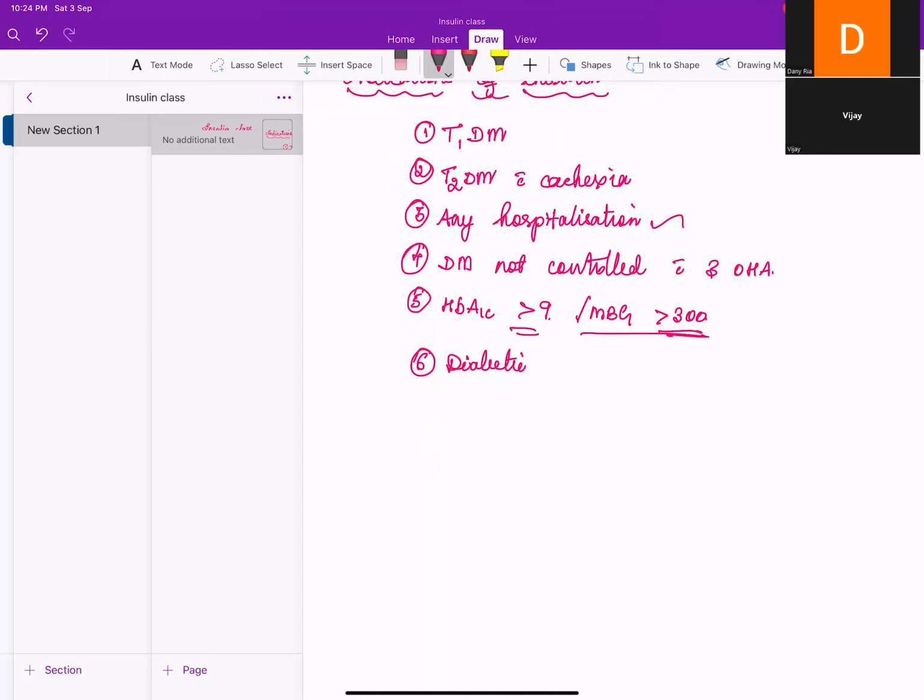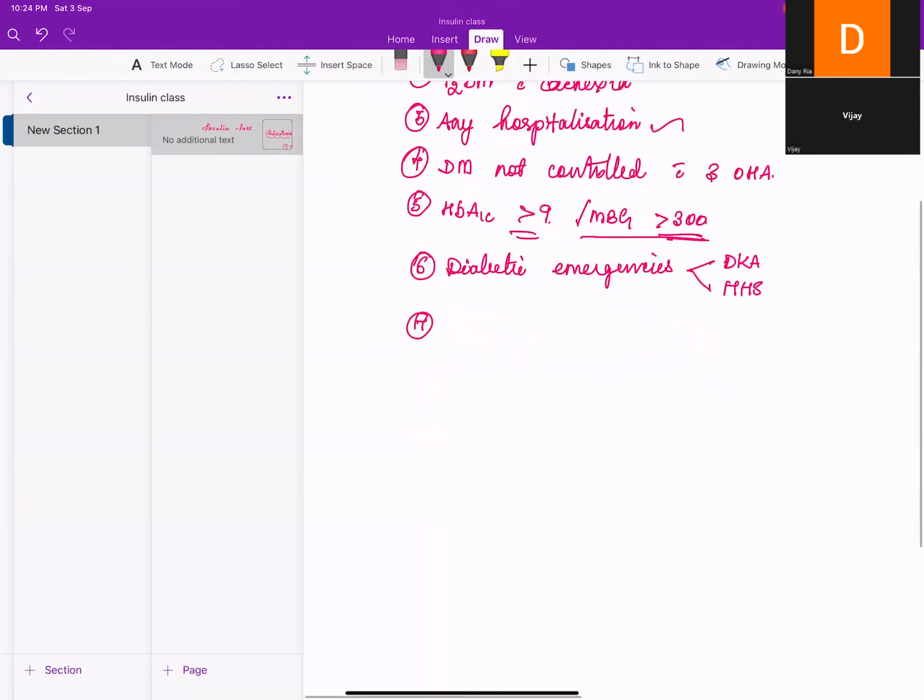Then, diabetic emergency. Actually, hospitalization includes diabetic emergencies, DKA, hyperglycemic hyperosmolar state. Then, diabetes with complications, such as diabetic nephropathy, diabetic neuropathy.